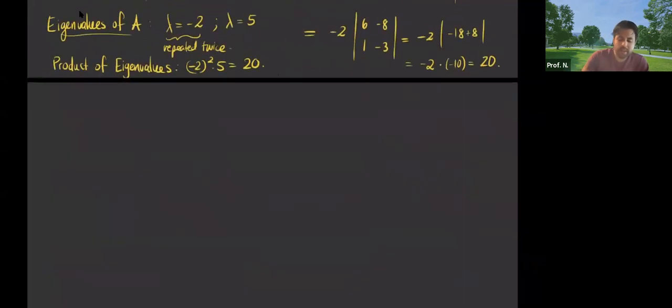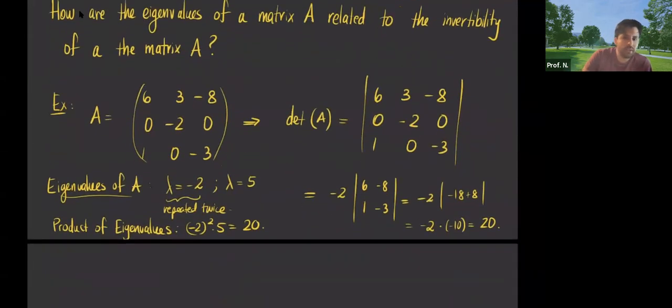Now, how does this little example that we did connect with the answer to the question that we have? How are the eigenvalues of a matrix related to invertibility of a matrix A? Can you guys tell me what the eigenvalues would signal in terms of the matrix and in terms of the invertibility of the matrix?